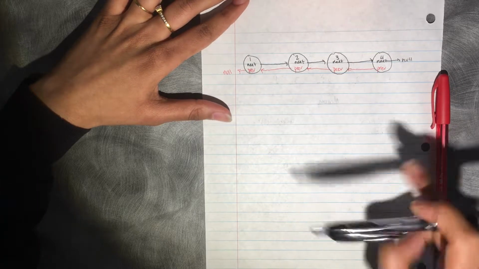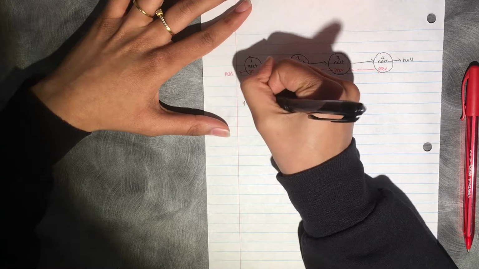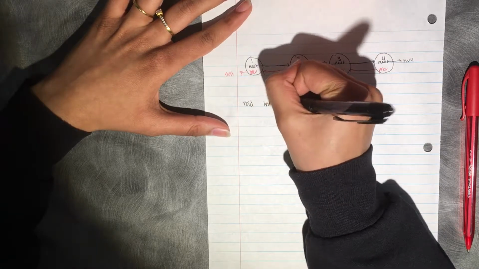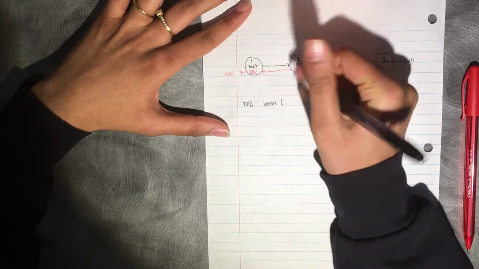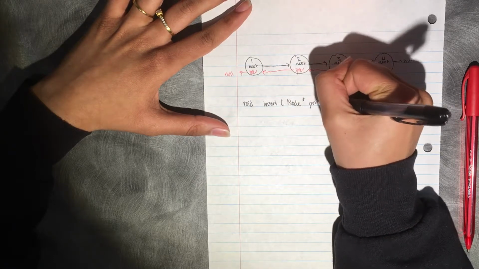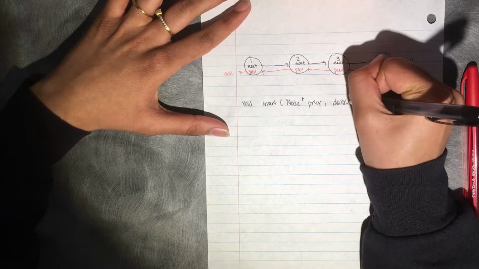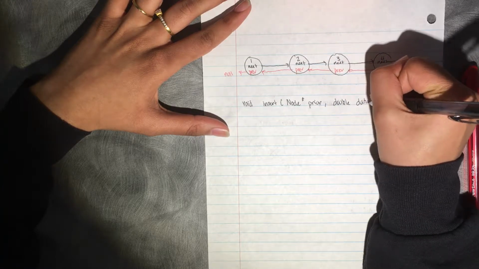Now let's create a function that would insert an element into our linked list. Let's call it insert, and let's have it take in a node pointer to the prior element, which in our case would be a node pointer to 2, and a data value, which in our case would be 2.5.